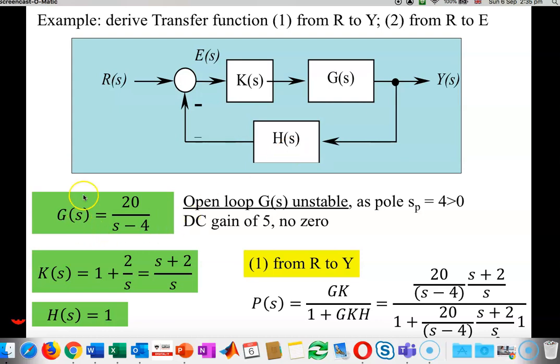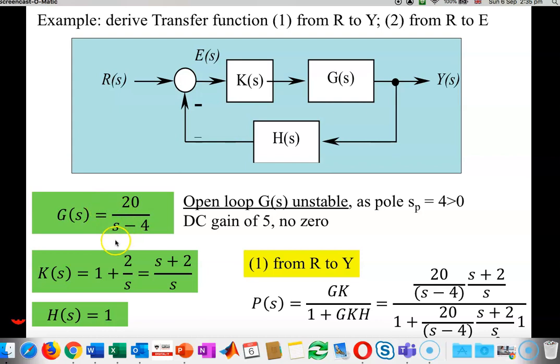Now, if you look at the individual subsystems here, for the open loop I have a pole of positive 4. To find the pole, remember, we need to equate the denominator to 0 and then find the solution for s, which gives us 4. Because 4 is a positive number, positive poles give us unstable systems. We have a DC gain of minus 5.